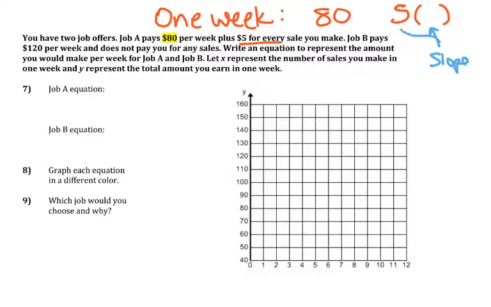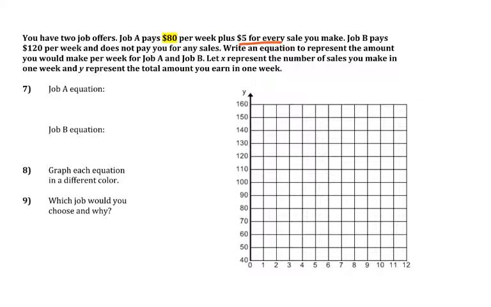And so, actually I should be pointing at that. That's going to be our x. So what's going to happen is the equation to represent job A, actually we have a place down here for it, is going to be how much you make, y, the total amount of money you make in 1 week. That's going to be represented by 5 times how many sales you make, plus don't forget about the $80.